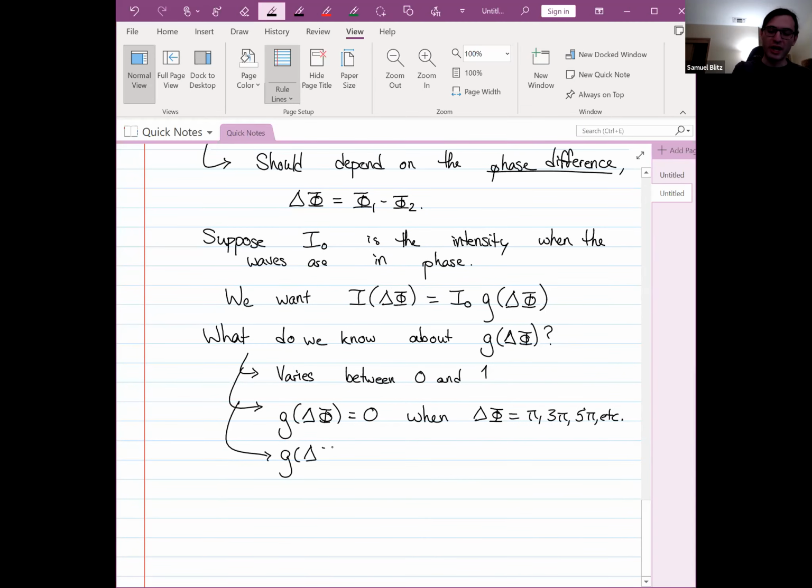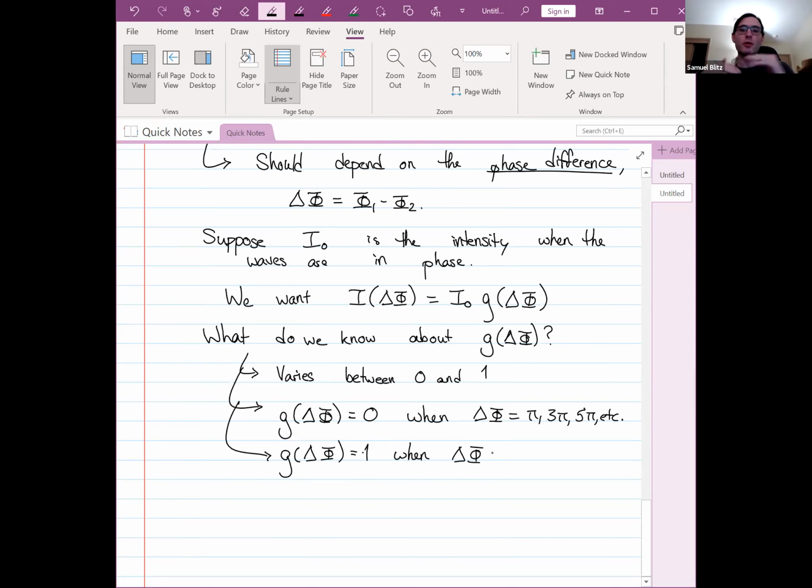Similarly, g of delta phi should be 1, i.e. the intensity should be the maximal intensity when they're aligned, which just means that the phases should differ by an even integer multiple of pi. If it's 0, then delta phi is 0, so they're obviously aligned.